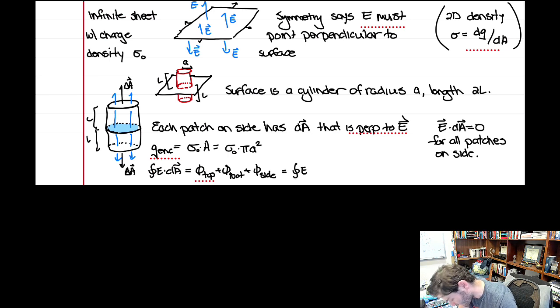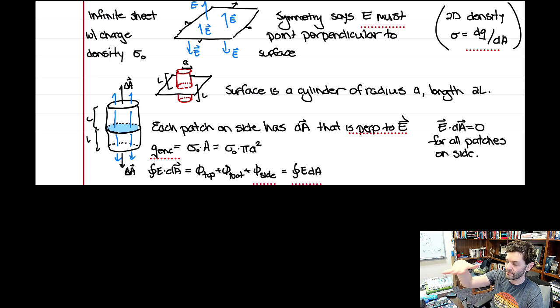So that's nice. The top looks like it's just the electric field going through the top times the area. And we argued that the electric field must be constant on that surface, because it can only, if anything, depend on how far away you are from the sheet, and every part of the top of the cylinder is the same distance away from the sheet. So there's the top, and again, for the dot product, cosine of 0 is 1.